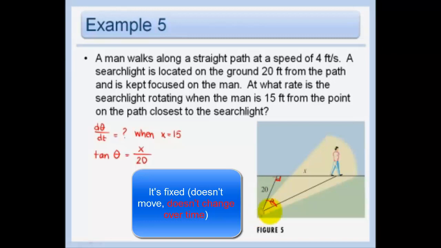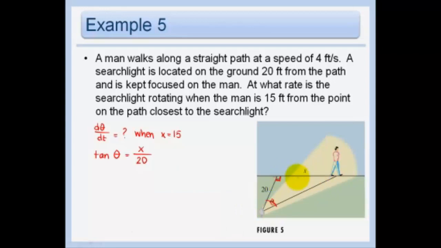It was never changing. The man is moving. The x, it's not safe to put a number in there. But since this 20 is fixed, it's safe to put the number in before we take the derivative of both sides. So please understand the difference between that. Now we can go ahead and take the derivative with respect to both sides. The derivative of tangent is secant squared.